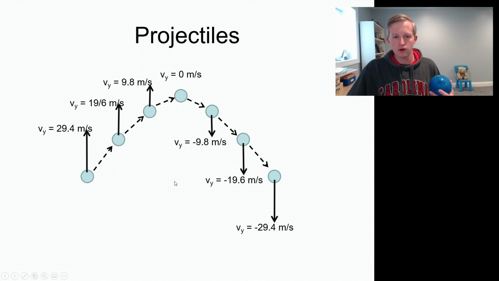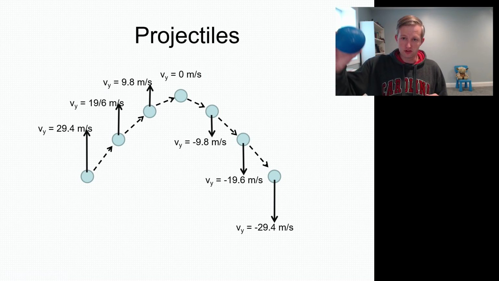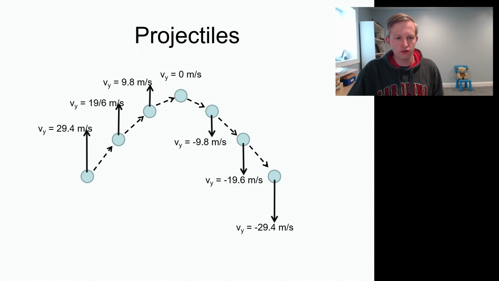But remember, your acceleration versus time graph for this would just be a constant negative 9.8. So nothing's changing in the middle here. All that's happening is you get this constant change in velocity, and you just happen to cross over from positive values to 0 to negative values, but it's all very smooth, constant acceleration.